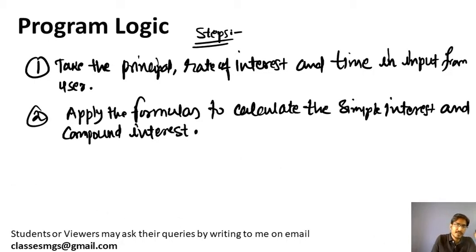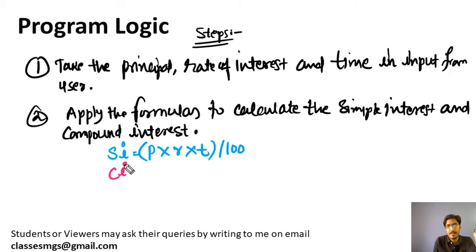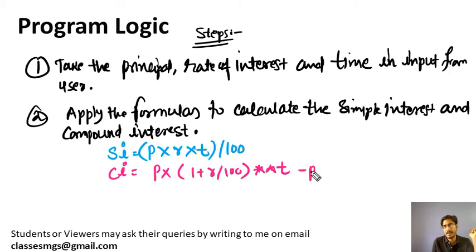Let me write the formulas. Simple interest, SI equals P into R into T divided by 100, and the formula to calculate compound interest is P into (1 plus R divided by 100) double star T, because we are powering it. This is the Python equivalent syntax. We will deduct the principal amount again to get the compound interest value.